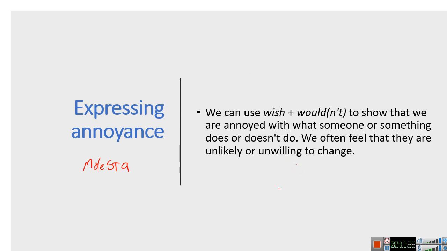So here we're talking about the past because something is being annoying in the past. We can say that in the present and even the future because it's unlikely to change, it will remain the same all the time, it will be annoying.